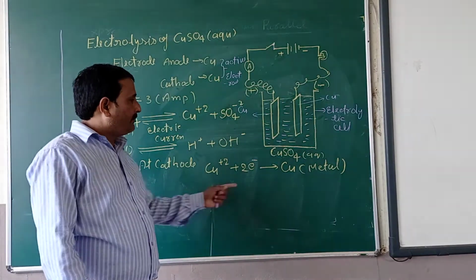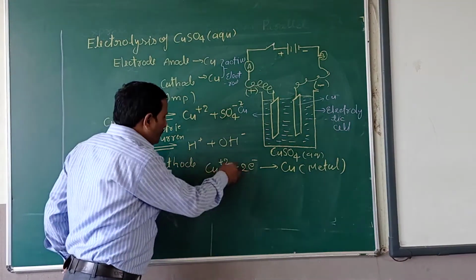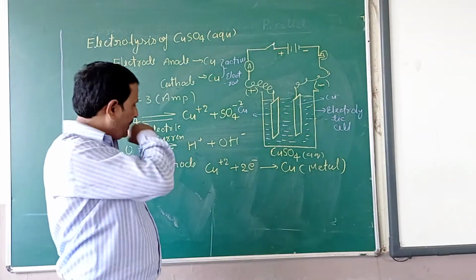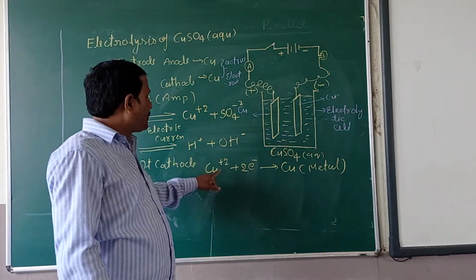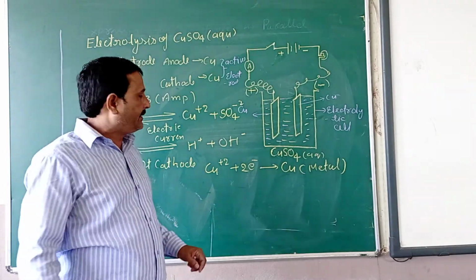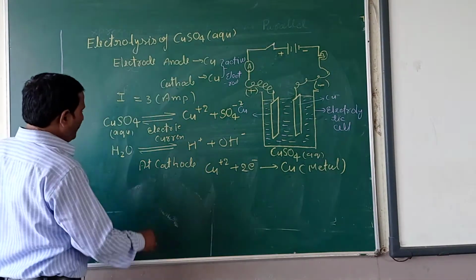Gaining of electrons means this reaction is a reduction reaction, and Cu2+ is the oxidizing agent. What is the product at the cathode? Copper.